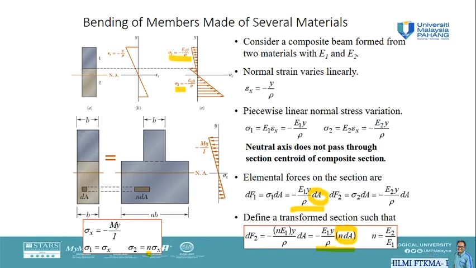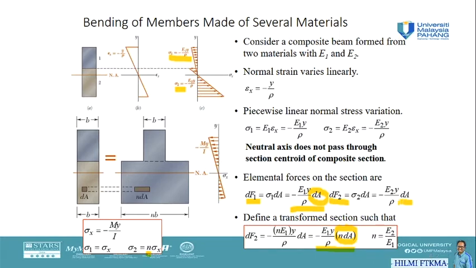So indeed, if you look at the elementary forces dF2 and dF1, basically they remain the same, where dF2 is applied to an element of area n dA of the transformed section, and to an element of area dA of the original section.